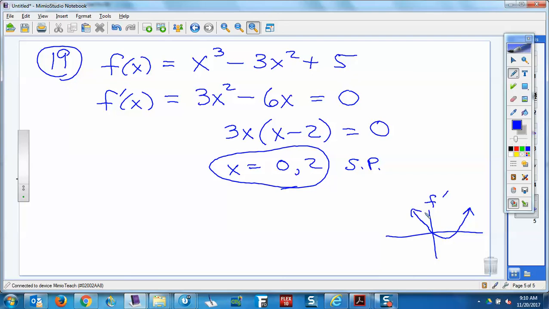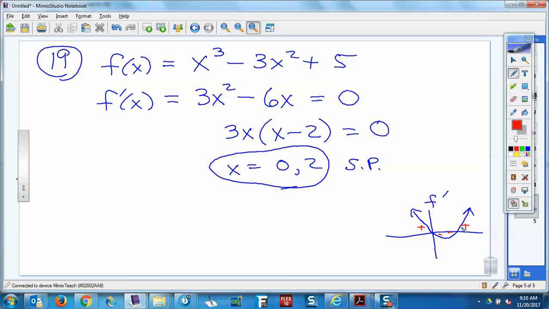This is what we did in the last chapter. Here I've got it as an equation. When we had it as a graph, remember what we did then? We said, okay, it goes from positive to negative, then negative to positive, right? And so we knew what this is: local max, local min, right? We had all that.